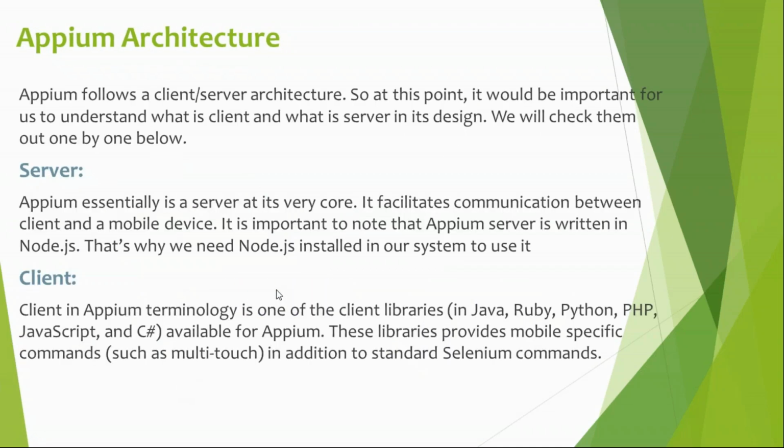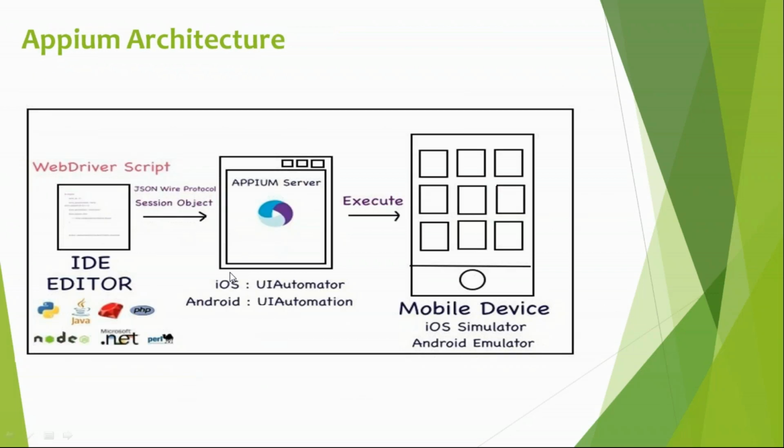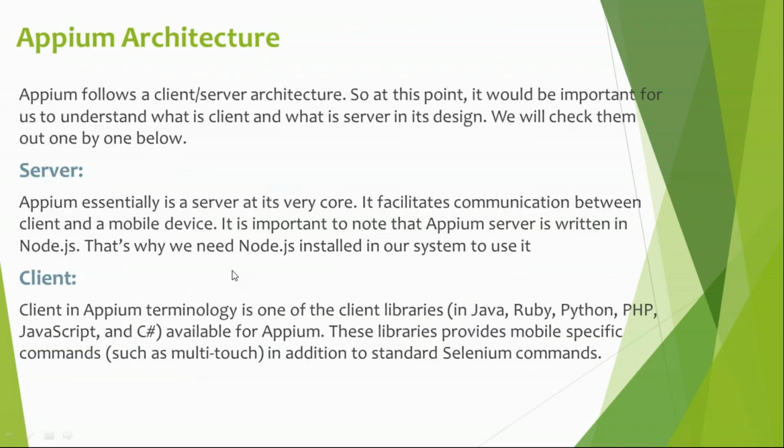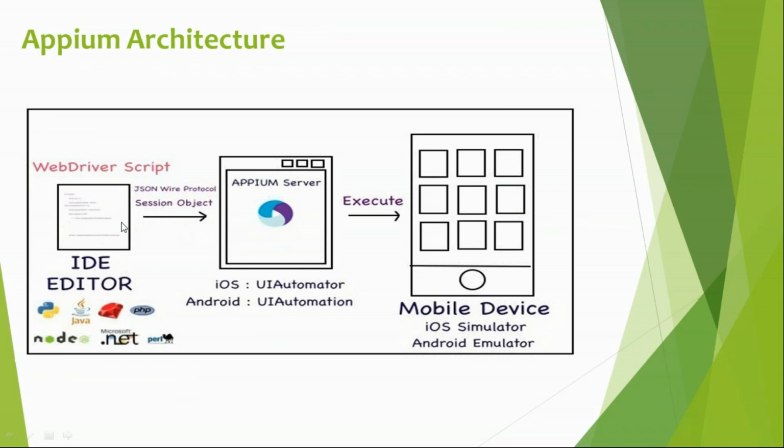Before discussing the architecture of APM, let's discuss the architecture of APM. As I told, you will have your language bindings. You can select any language like Java, C#, Python, PHP, Node.js, Perl, whatever language it is.